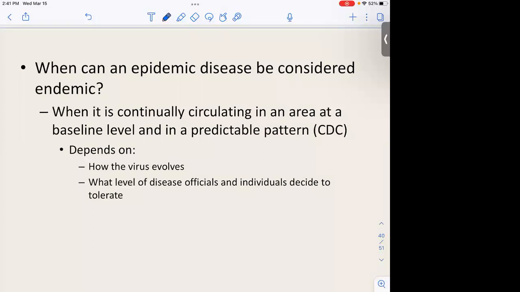Hopefully we will be. What also plays into that decision of whether we consider it endemic or not is basically what level people are willing to tolerate. So in other words, is there a lack of social disruption?